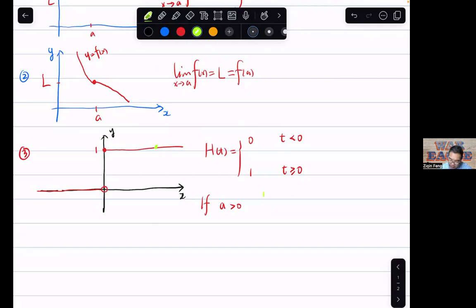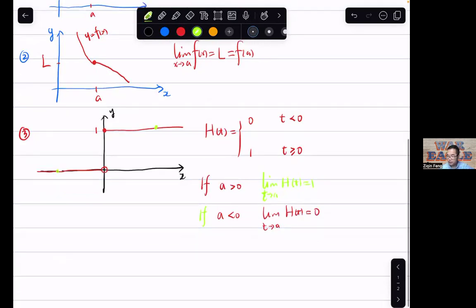We know that as t goes to a, h of t equals 1. What happens if a is less than 0? As t goes to a, h of t equals 0. So those are very easy observations: on the left side of 0 and the right side of 0, the function value is fixed.